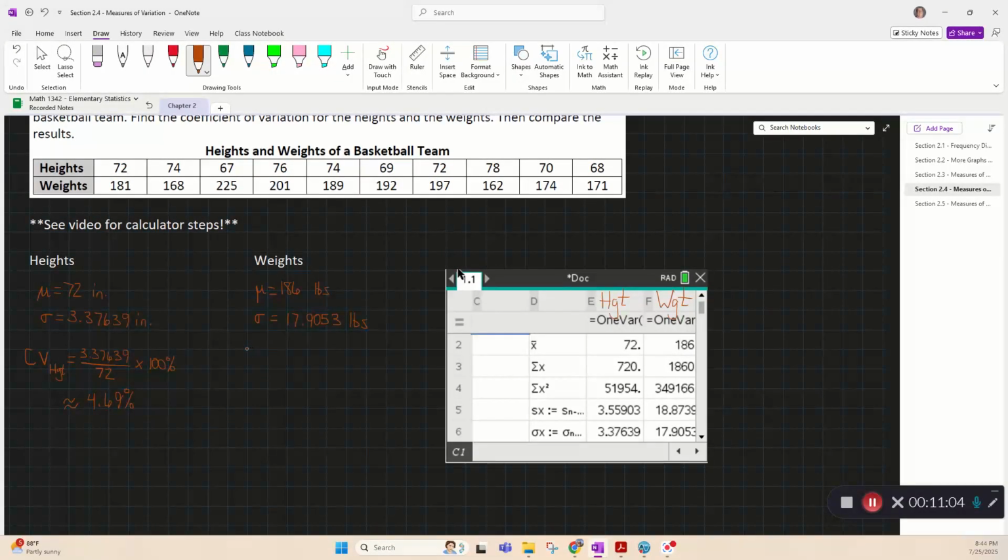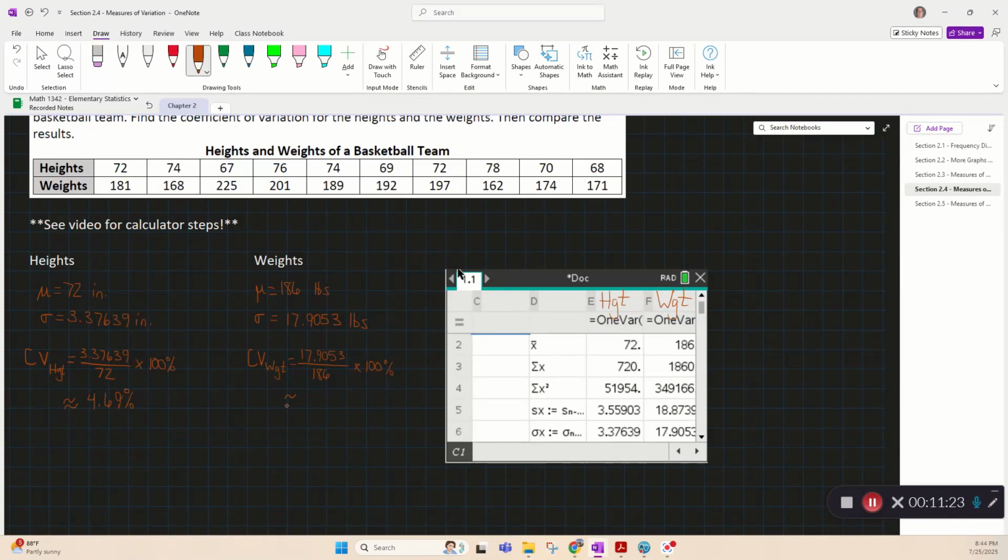Okay, now we need to do the coefficient of variation for the weights. 17.9053 over 186 times 100%.